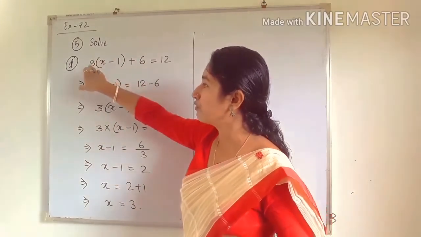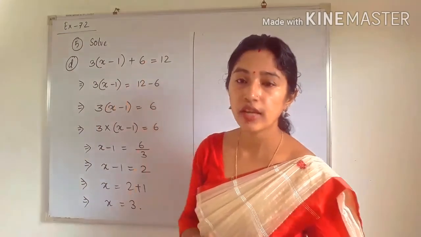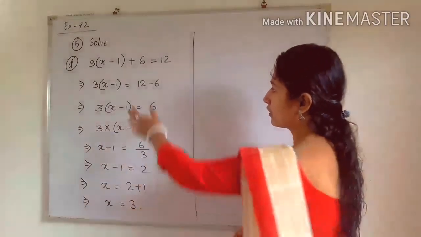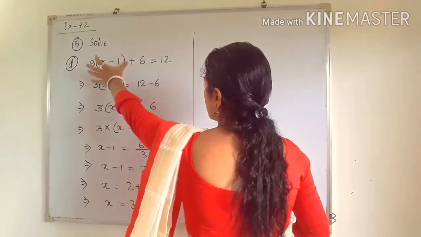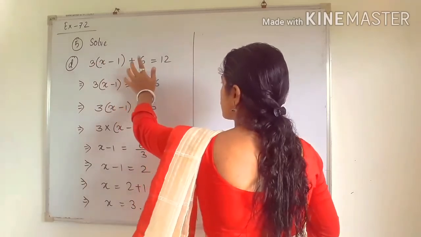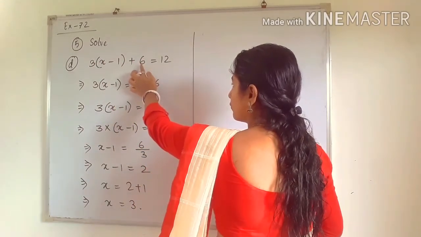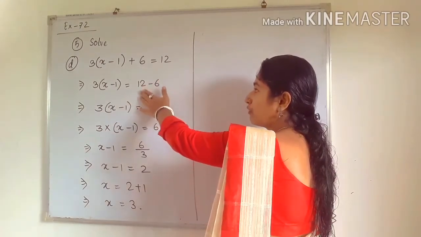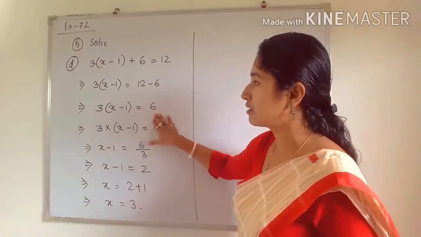So first of all, we cannot transfer 3 to that side. So what we can transfer here? We will transfer plus 6 first of all, because 6 is added to this whole part. So we first of all transfer 6 to that side. So when it will go to the right hand side, it will be subtracted from 12, because this was plus 6, okay. So 12 minus 6 will be 6, okay.